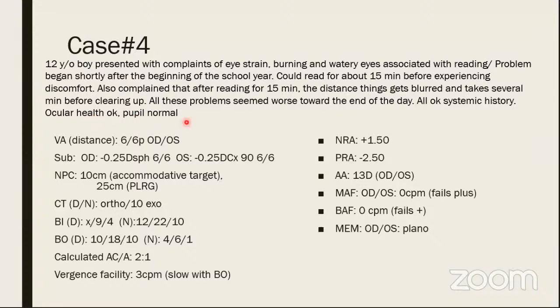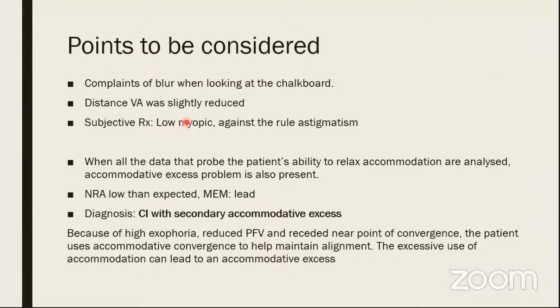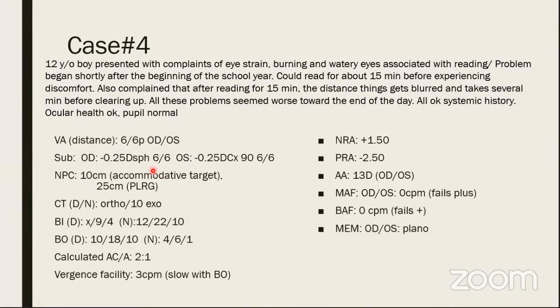Of course the patient is a case of convergence insufficiency, but he also complains of blur when he looks at the chalkboard, and distance vision is slightly reduced. And you can also see that the patient is low myopic, small myopic.